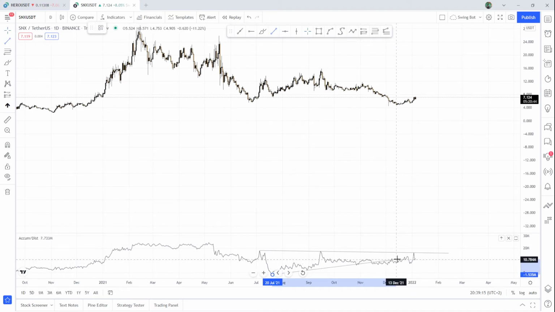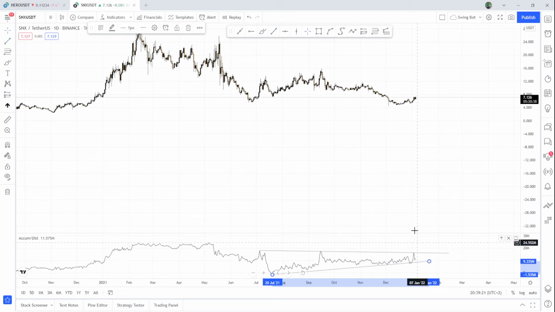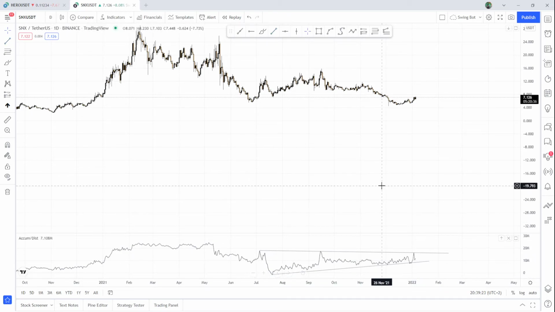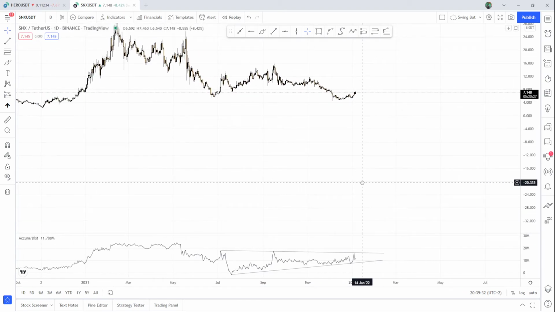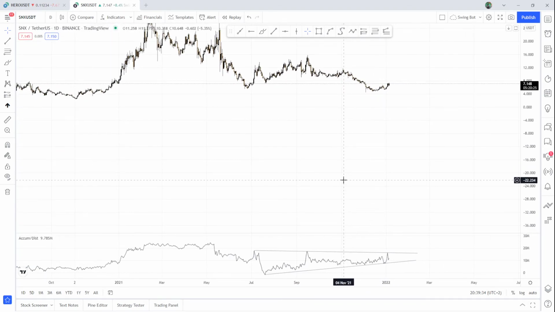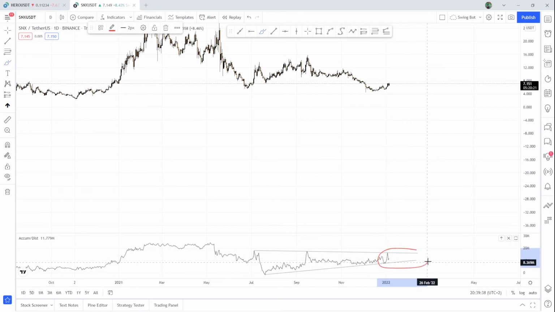So here we have a trend break, okay, and here actually we have another one. Okay, so it's something like this. So also it shows you that we are getting a squeeze here, okay, and a break should happen soon, so it can be up or down.